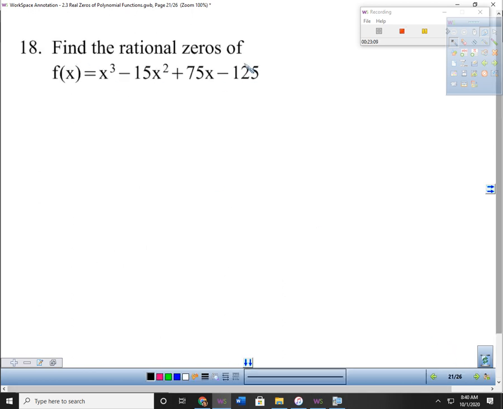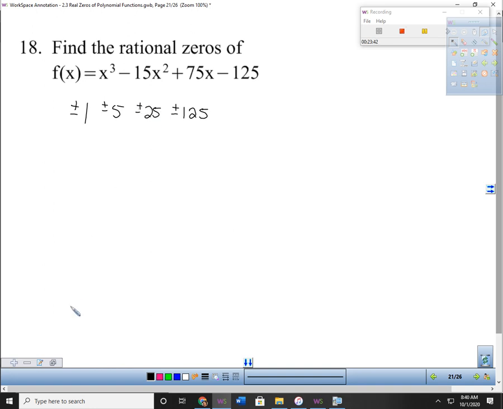All right, so same thing on number 18. All right, so we've got 125. So I know that 1 and 125 make 125. And then it doesn't divide by 2, 3, or 4, but 5 and 25 work.